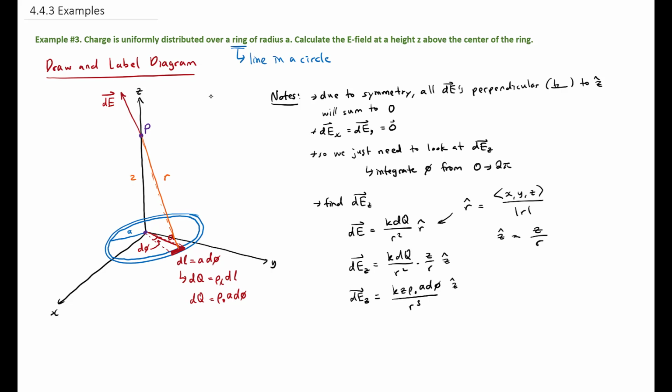R is a certain height z from the origin, and it's going to have a radius or a base of a. So I've drawn a too many times, it's confusing now. But a is here, so that's the bottom in red. So if I were to draw another triangle, it would be like this. We have r, z, and a. R is going to be the square root of a squared plus z squared.